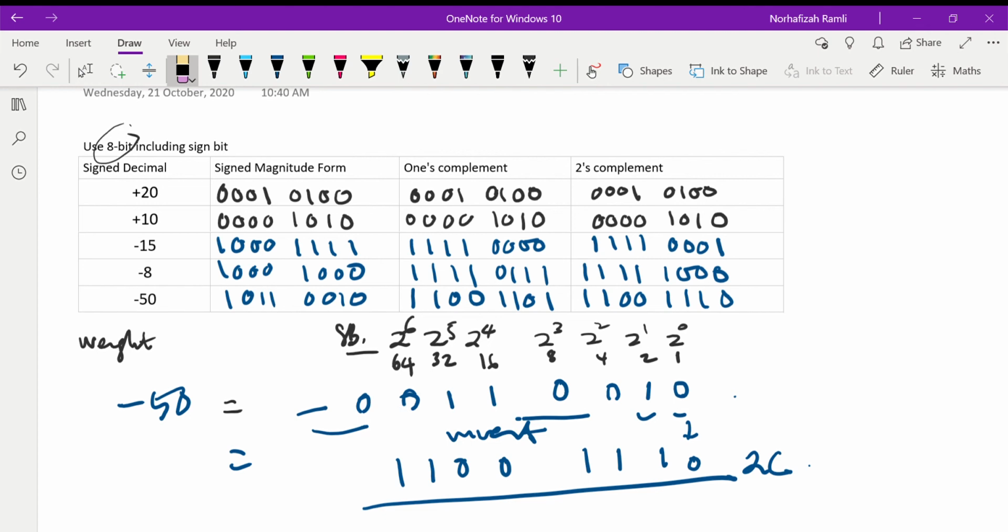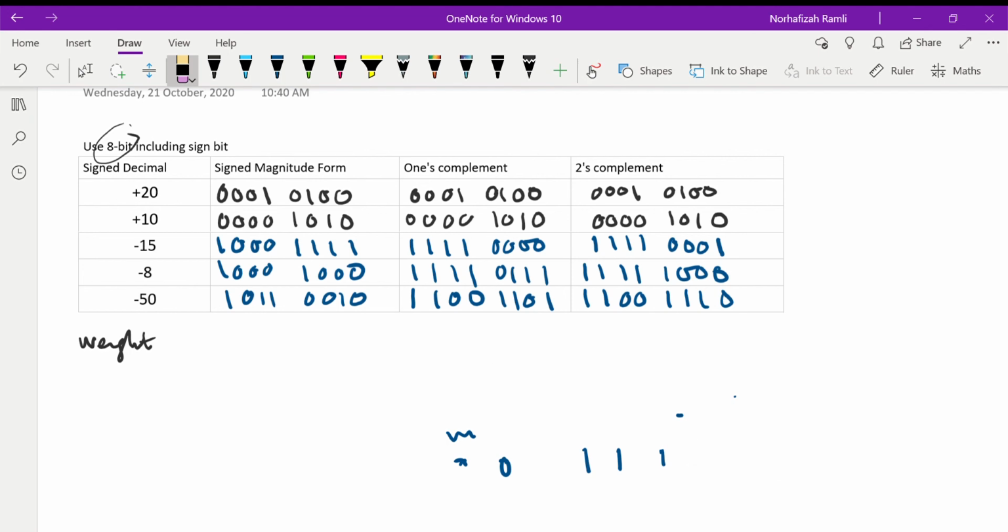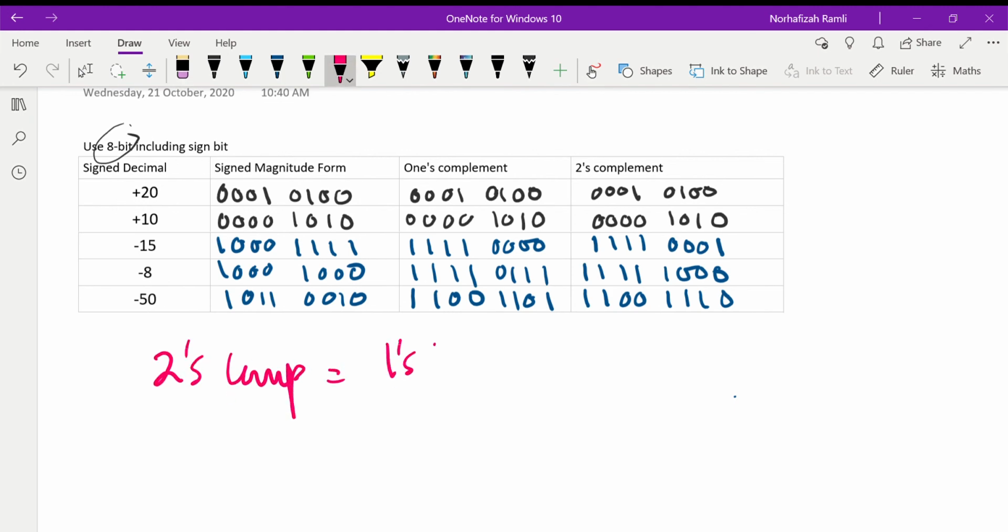Okay. And if you remember last time I mentioned, now just for checking, 2's complement is actually equal to 1's complement plus 1.